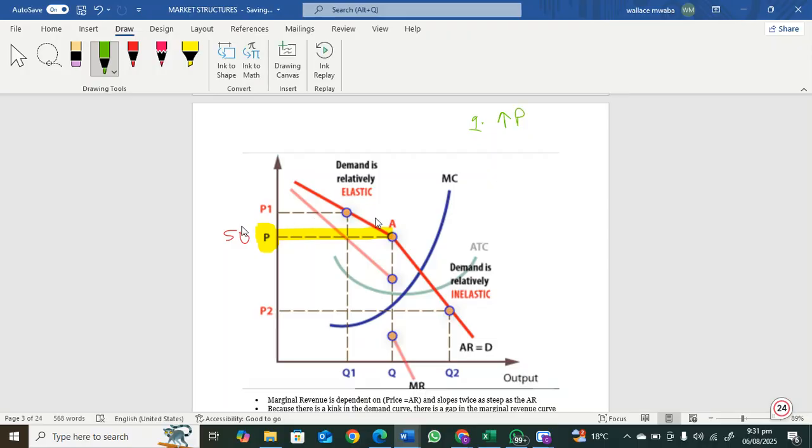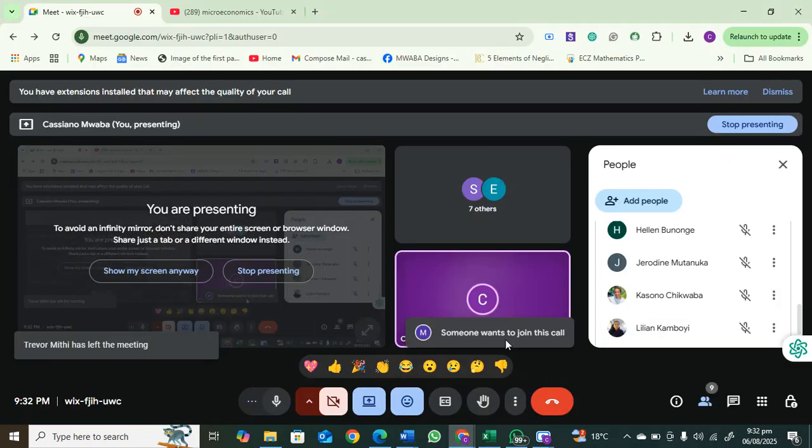So if one firm increases the price from, let's say, 50 kwacha to 55 kwacha, would the other two firms, because in this illustration we've got three firms here, follow suit with this firm that has increased the price to 55 kwacha?